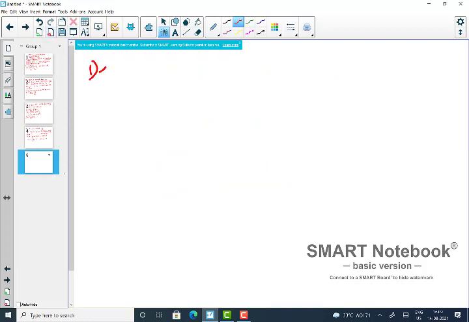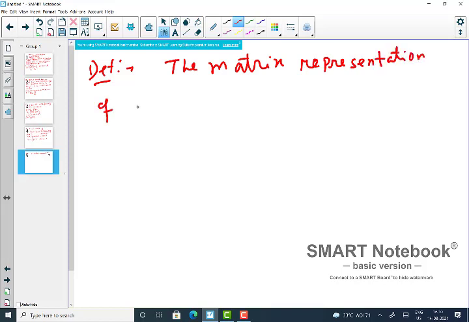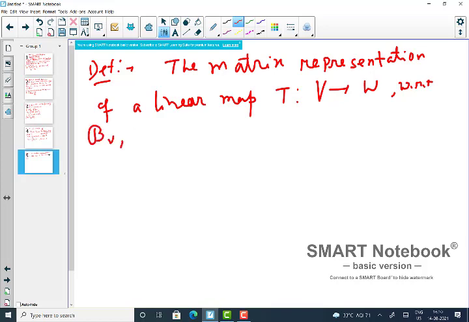So maybe the definition: the matrix representation of a linear map T from V to W with respect to the bases BV and BW, respectively.